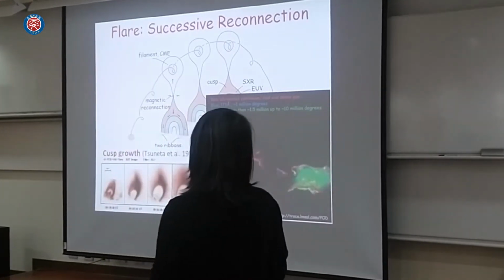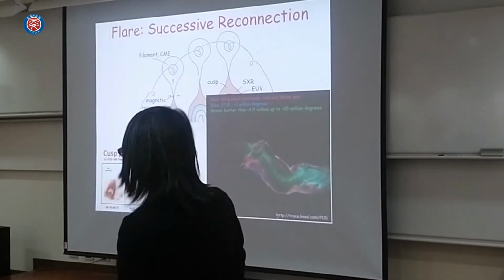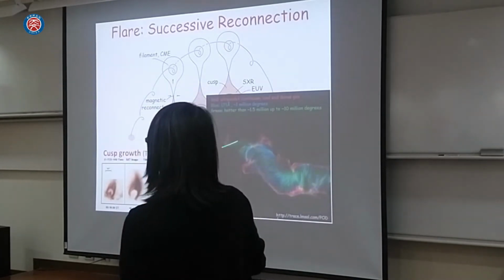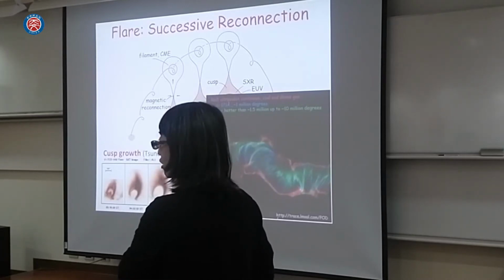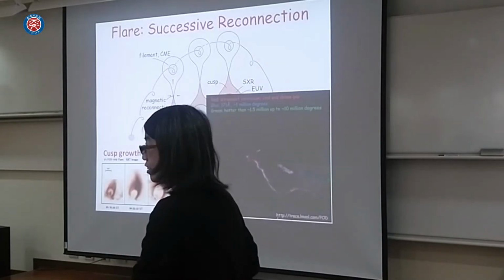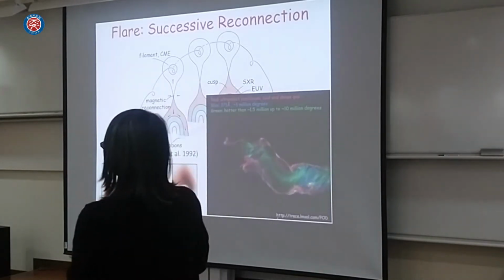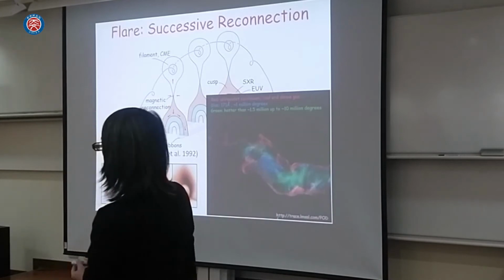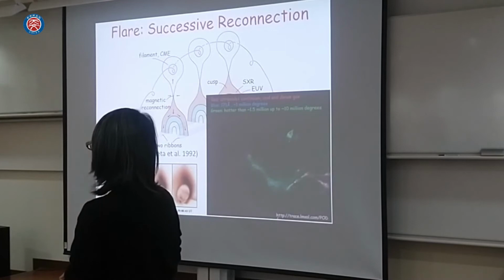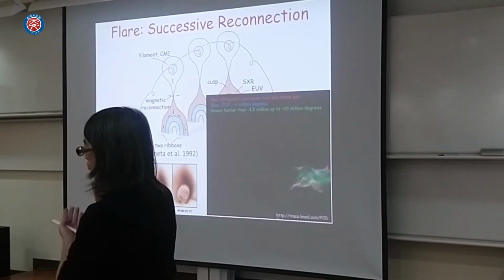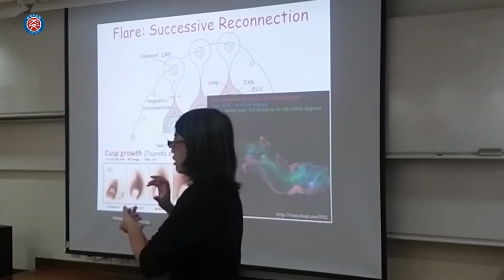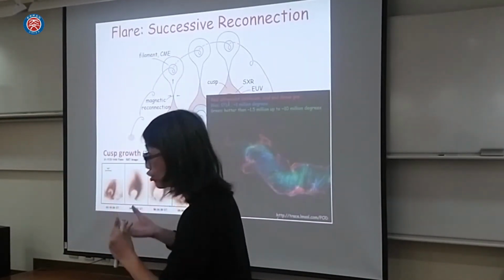If we have multiple wavelength observations, we can see many of these features, but they occur at different flare phases. Sometimes before a flare, we can see something like an S shape or inverse S shape on the soft X-ray image. This shape indicates a complex magnetic field structure.